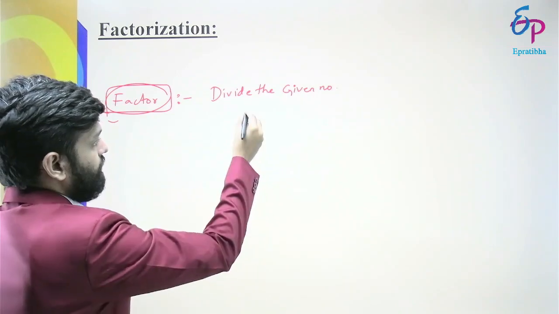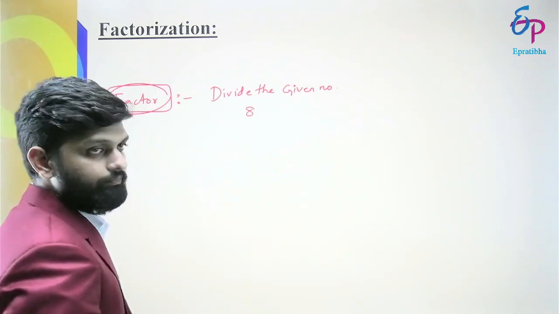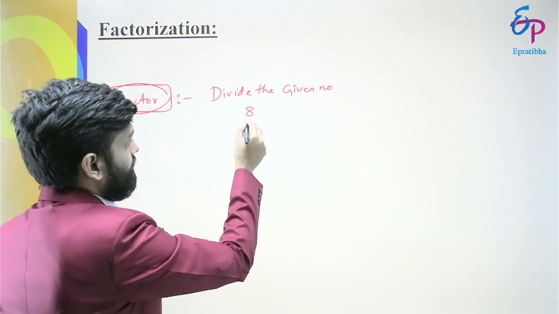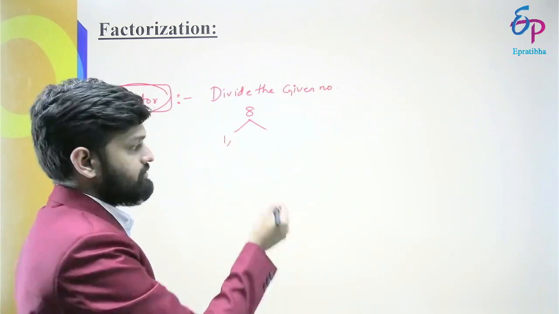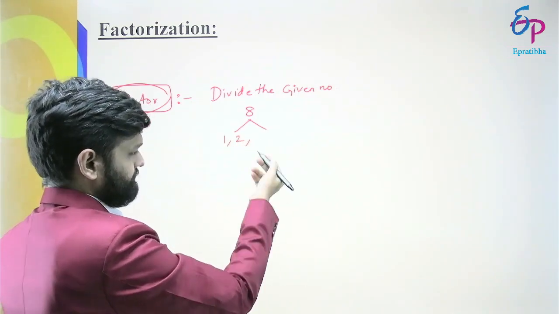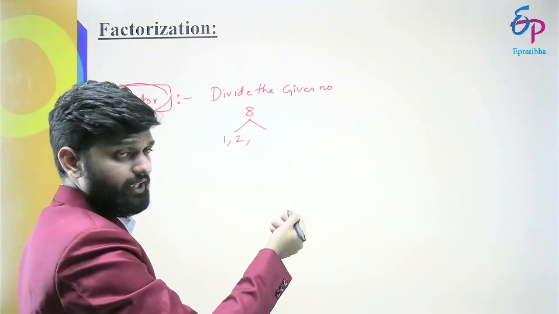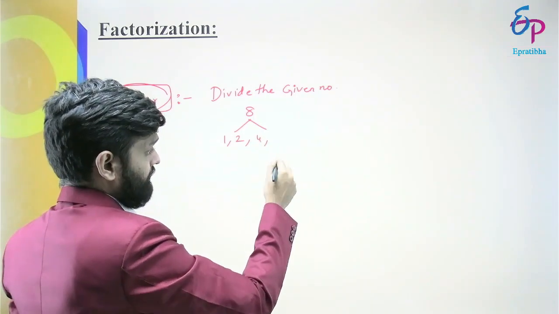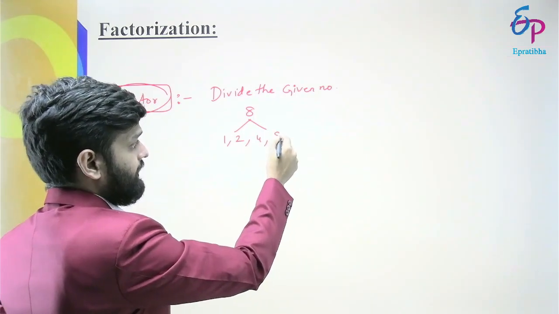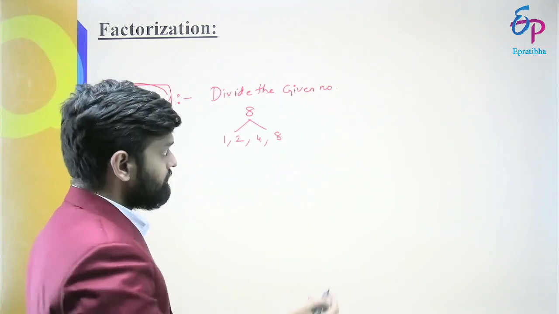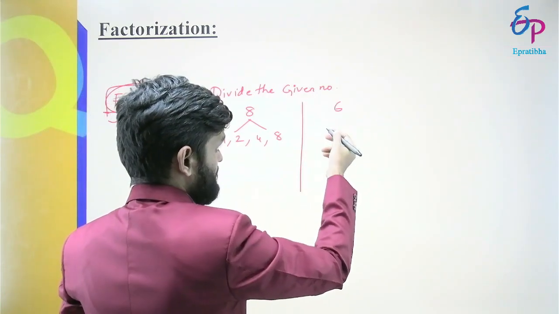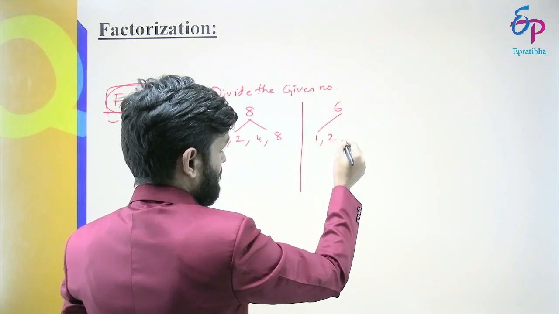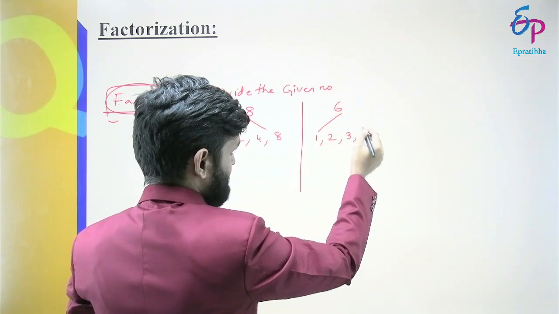Factors are those numbers which can divide the given number. Now what are the factors for 8? Factors for 8 are 1 can divide 8 times, 2 can divide 8 4 times, 4 can divide 8 2 times, 8 can divide 8 1 time. Now what are the factors for 6? 1, 2, 3 and 6.